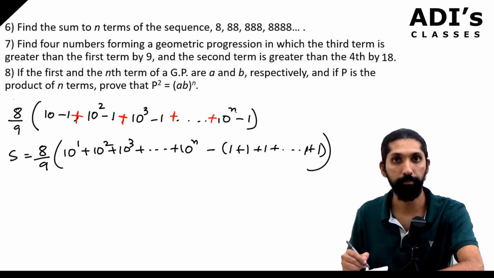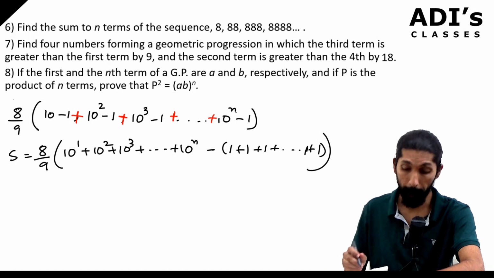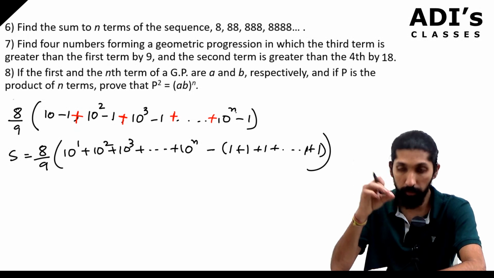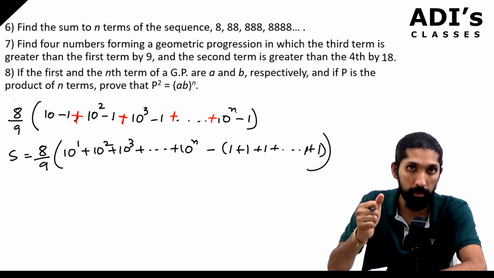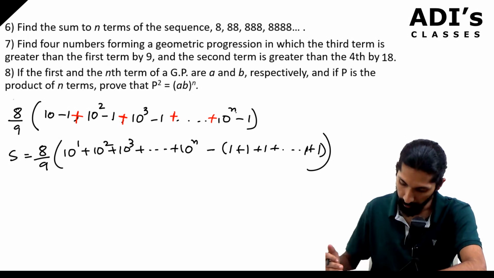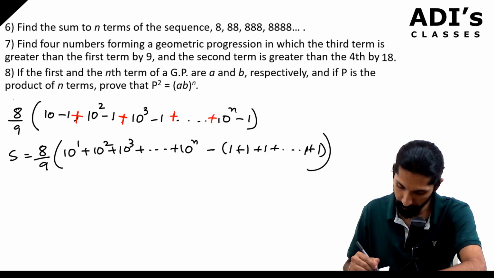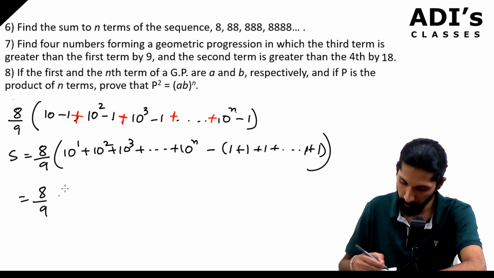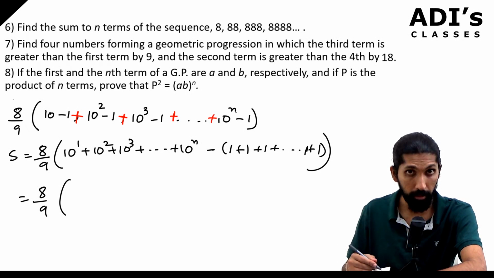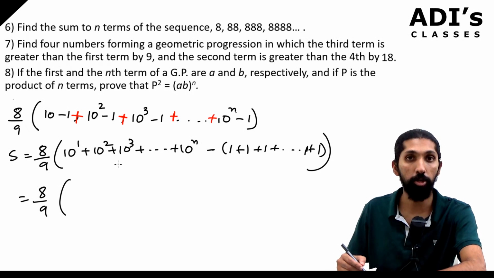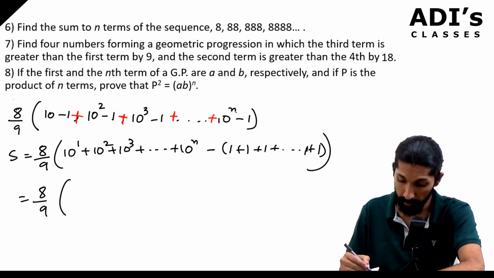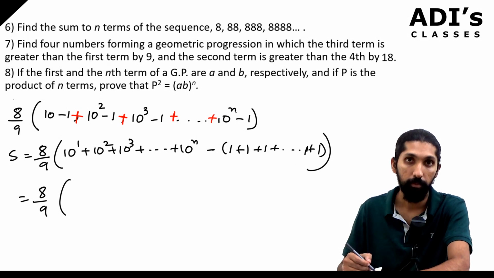Okay, so this is what we are going to get. See, 10, 10 square, 10 cube, that's a GP, isn't it? So we have 8 by 9 into, what is the common ratio? It's 10. What is the A value? 10. Isn't it?